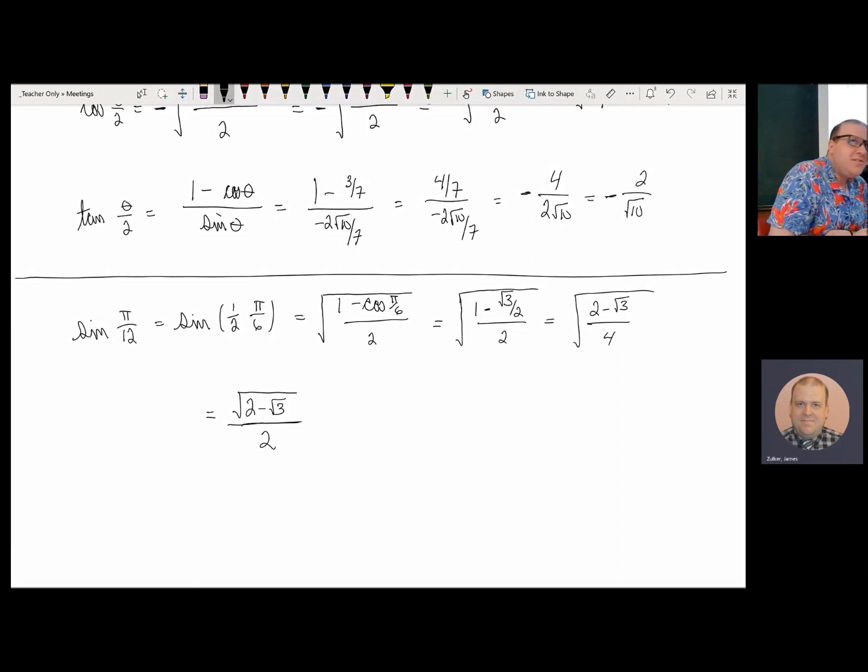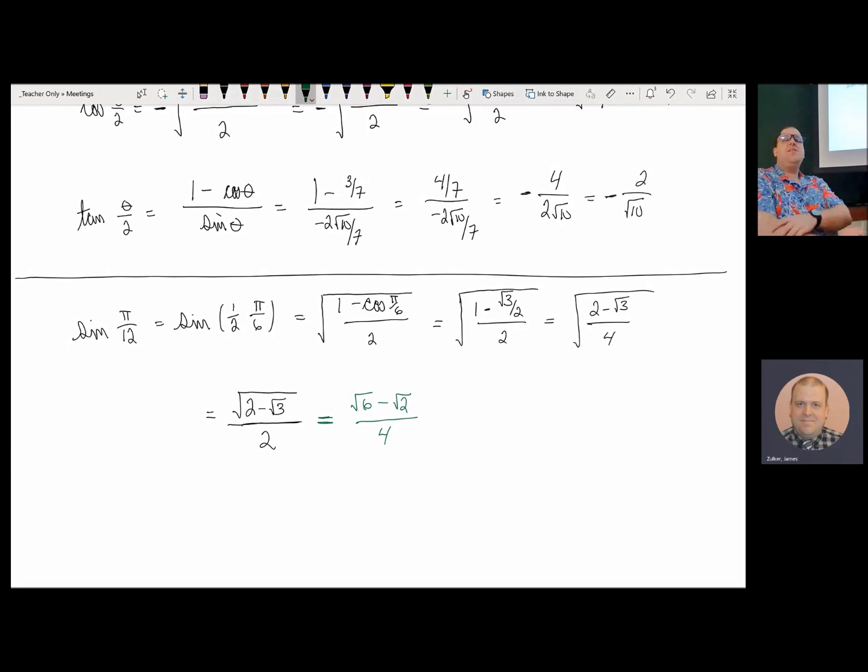Which means these two values are equal. Right?